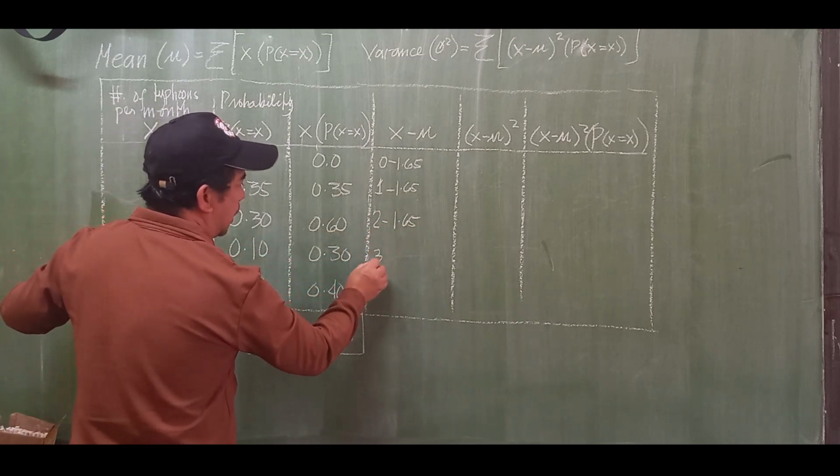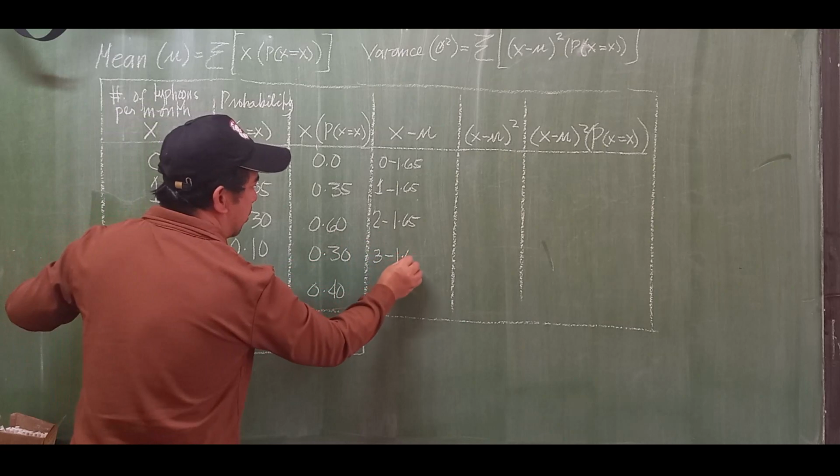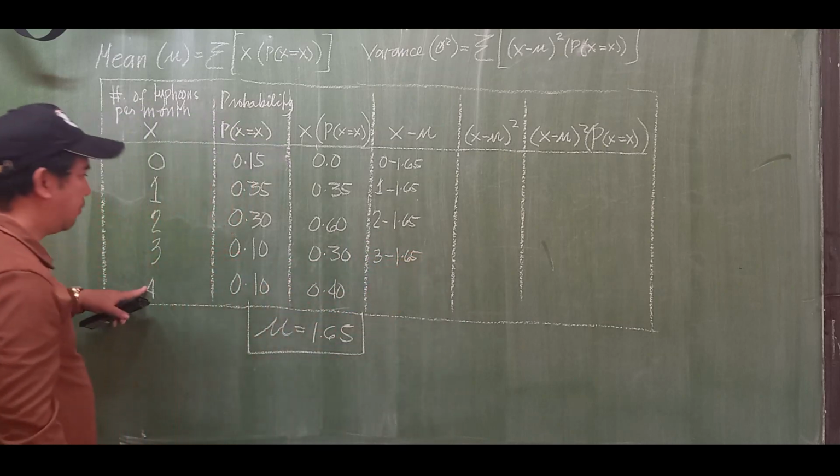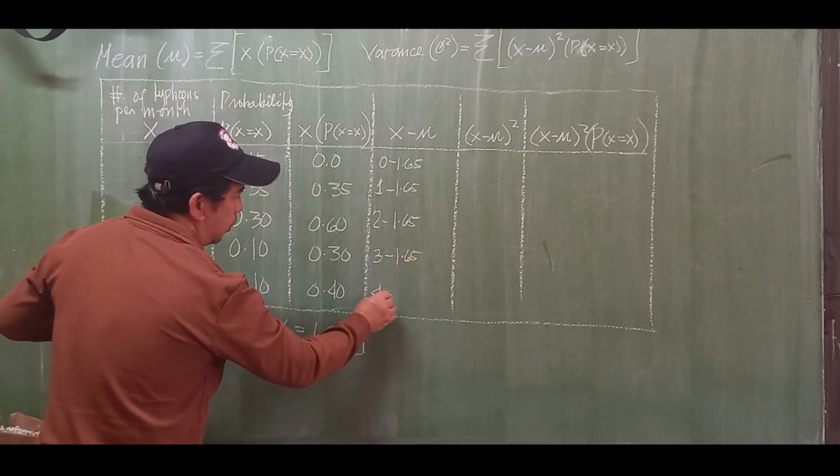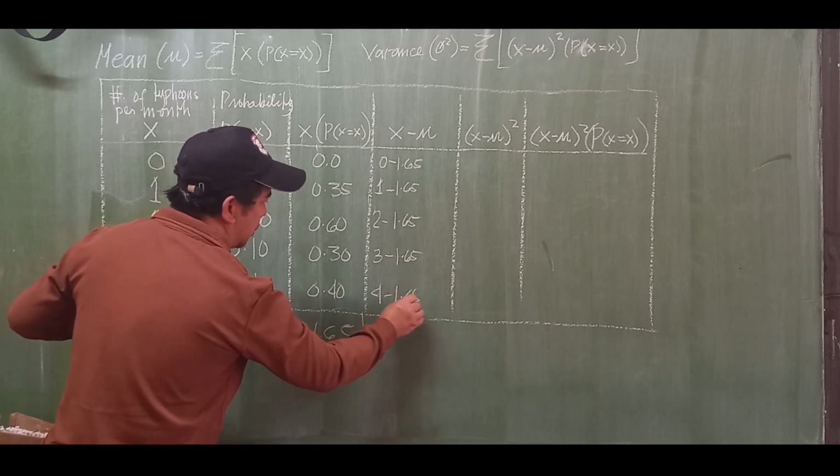That is the same as your fourth column: variable minus the computed mean. So x is 0, so that is 0 minus the mean, 1.65. Then 1 minus the mean, 1.65. Then 2 minus the mean, 1.65. Then 3 minus the mean, 1.65, followed by 4 minus the mean, 1.65.